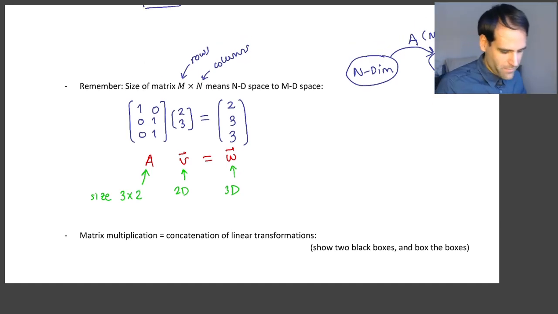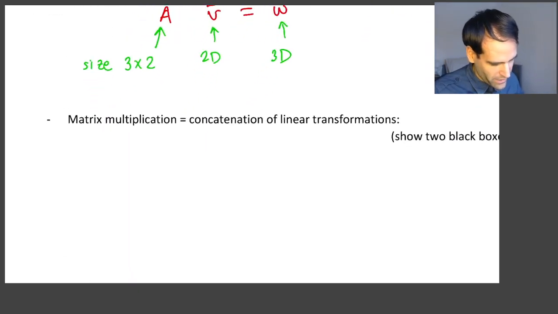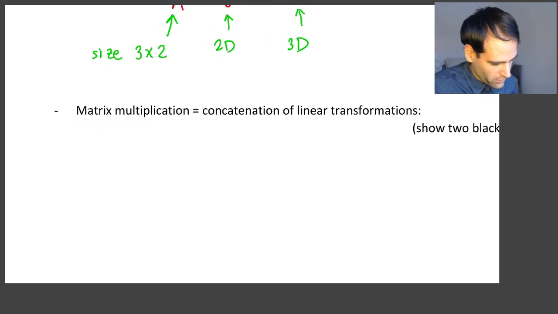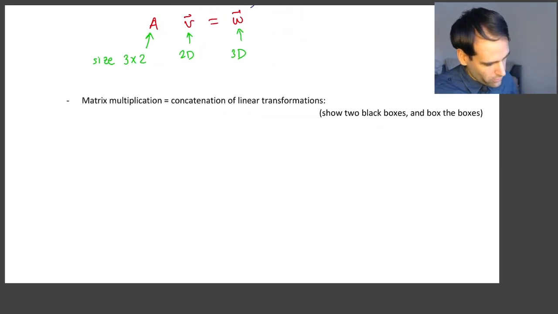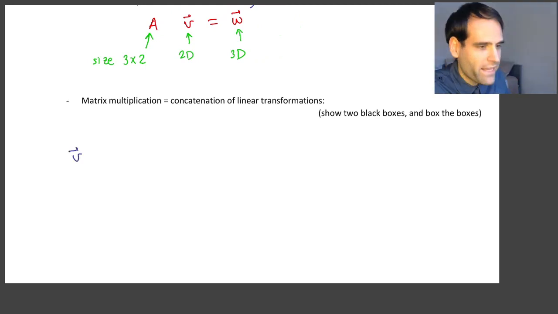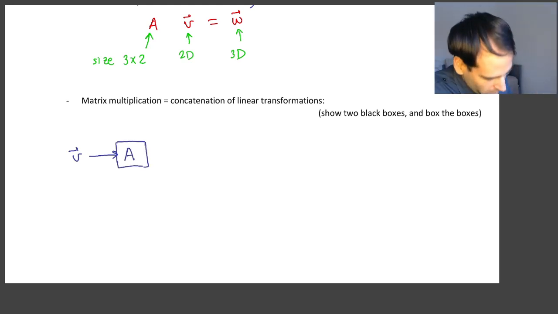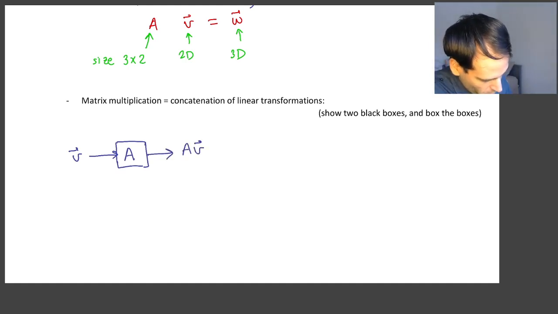So if you remember these basic facts, you are now ready to interpret what matrix multiplication is. Matrix multiplication basically is concatenation of linear transformations. Let me walk you through this. Let's say we have a vector v, and we apply a transformation A, which is our matrix A. The output of this transformation will be A times v, which we might call w.